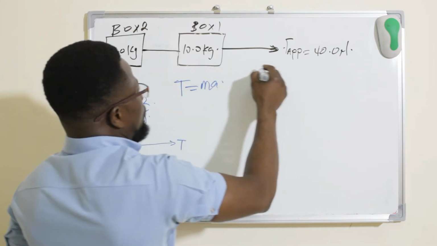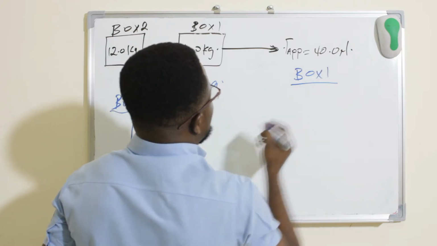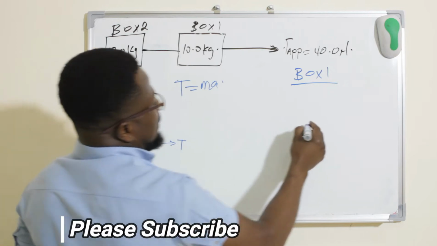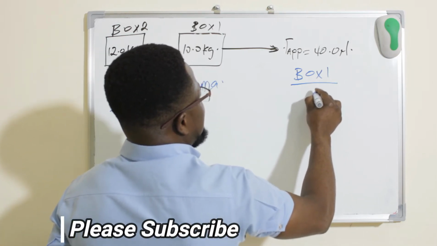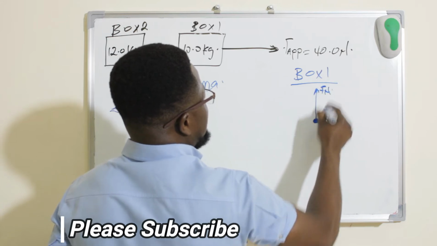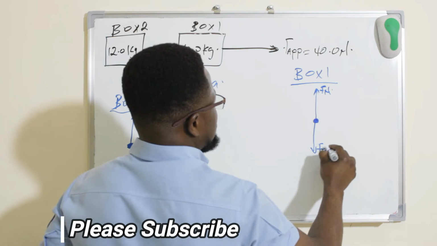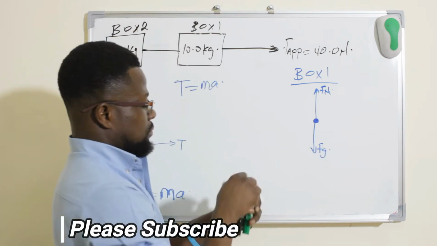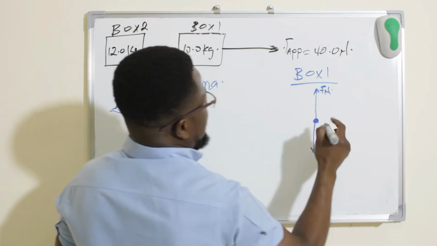Okay, for box number 1, we draw the free body diagram and say that the forces that are acting are the normal, the weight, and here an applied force.